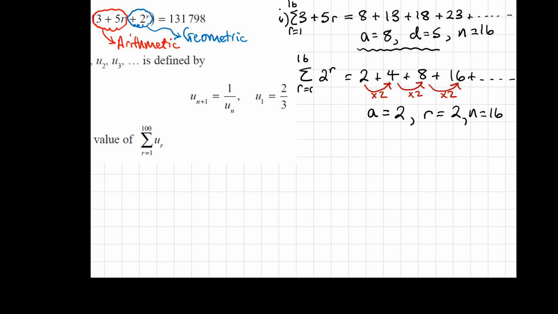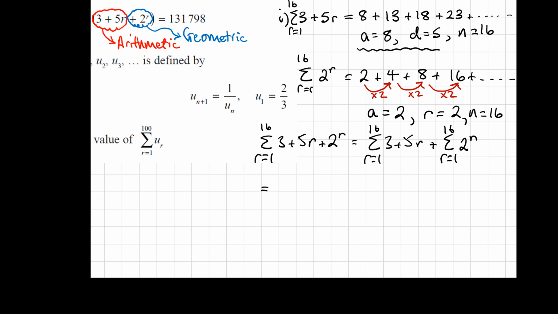So what I can do is to say that the sum from r equals 1 to 16 of 3 plus 5r plus 2 to the power r is equal to the sum from r equals 1 to 16 of 3 plus 5r, plus the same sum from r equals 1 to 16 of 2 to the power r. So I've got an arithmetic plus a geometric. Now let's work out what that's going to give us.